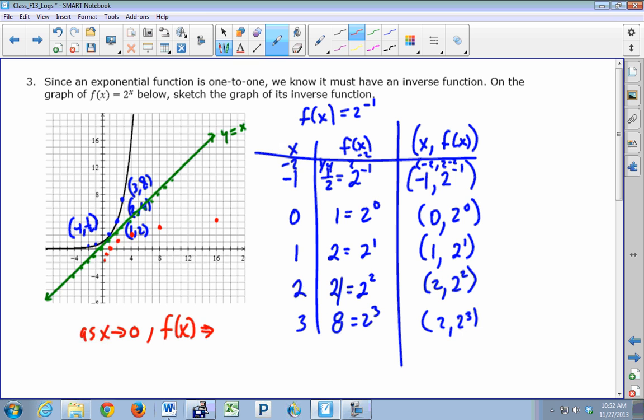What number am I getting closer and closer to? y equals 0, right? Any number except for 0 raised to the 0 power is 1. So that's what my inverse function looks like. So as x gets closer and closer to 0, my function gets closer to 0. That's your vertical asymptote.